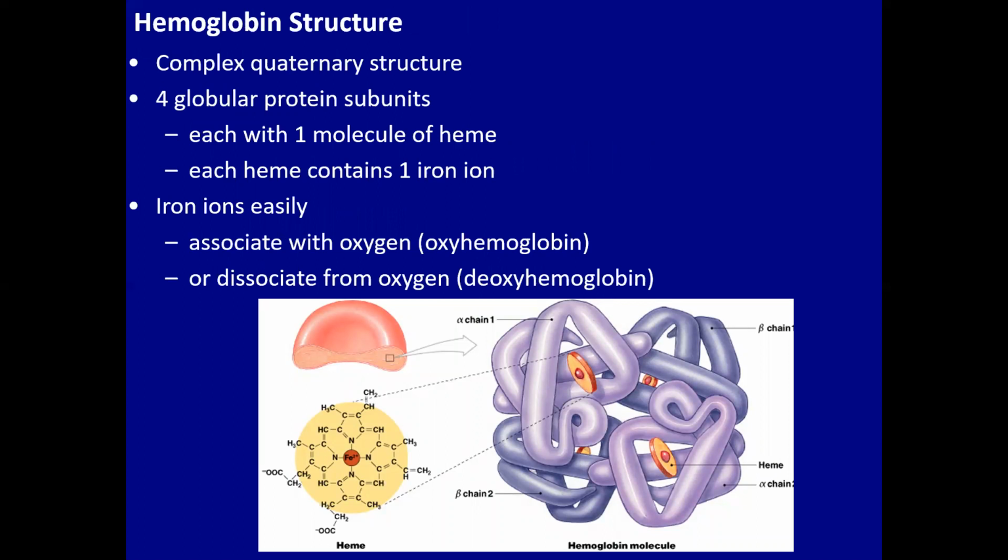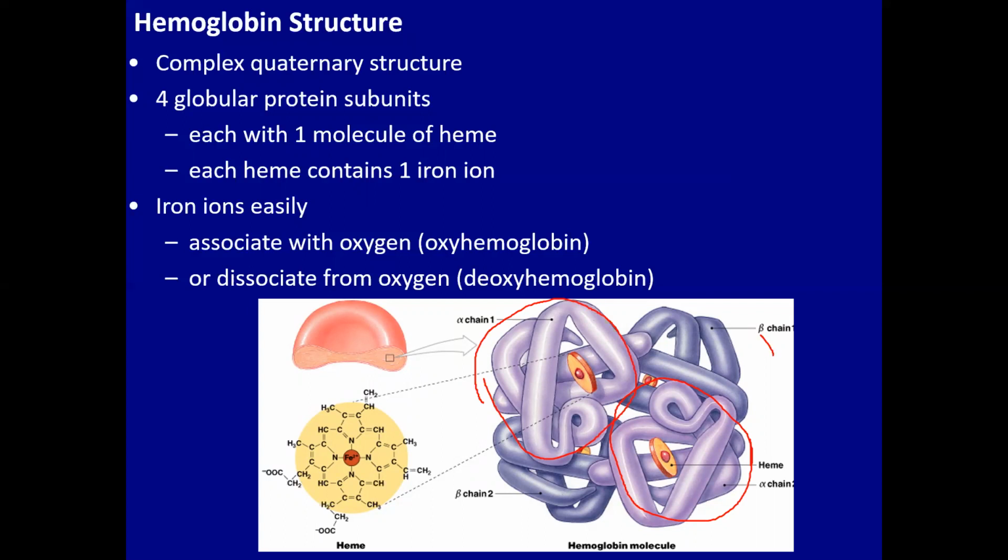Looking at the structure of hemoglobin, you may remember this from A&P1 when we talked about making proteins. It is a protein that has a complex quaternary structure. So remember that each one of these is the tertiary structure.